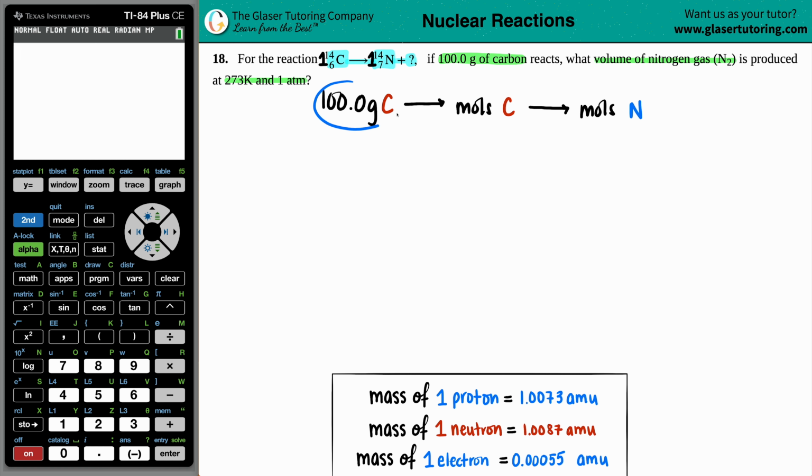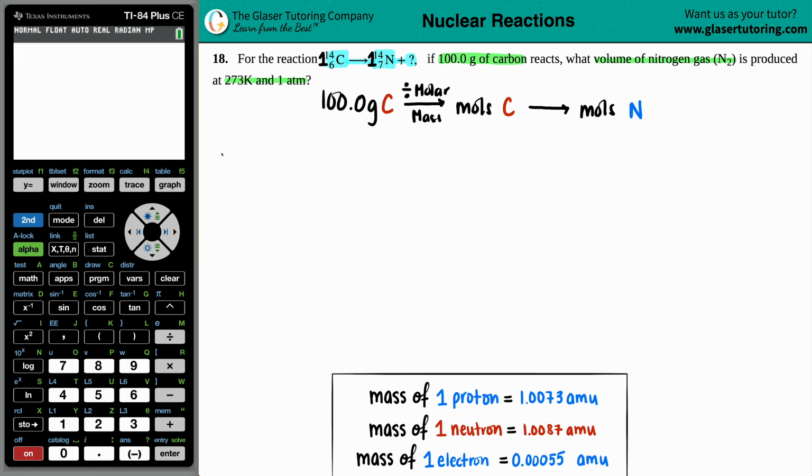But now, how do I go from grams to moles? Well, this is going all the way back. Anytime you want to go from grams to moles, we can always just divide by the molar mass. But the question here is, what molar mass am I going to use for a nuclear reaction equation?